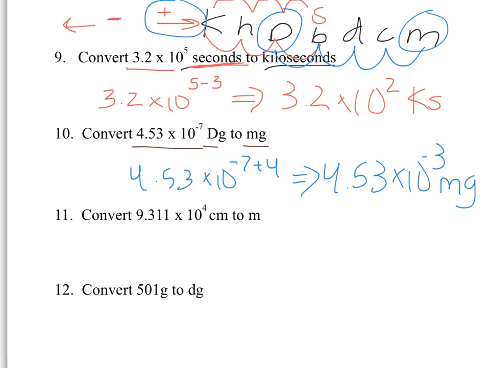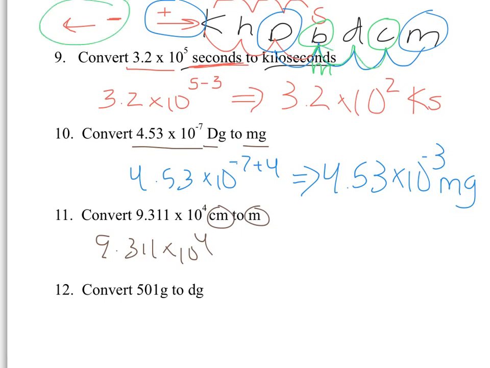Number 11. Let me start with this color. We've got 9.311 times 10 to the fourth. You're in centimeters, and you want to go to meters. Let me get a green color so we can try this again. Centimeters, and forgive me, that's not millimeters, that's regular meters, so it's going to be base. Centi to base is 1, 2 to the left.